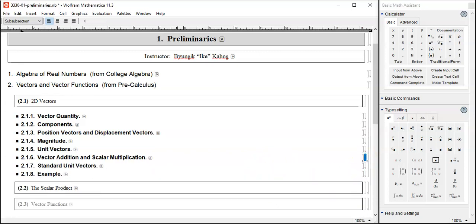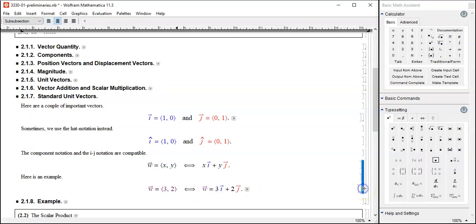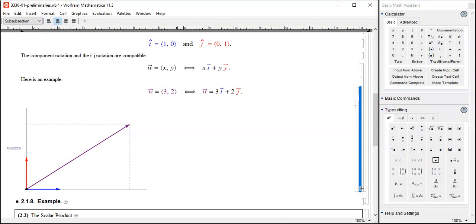And then combine those with standard unit vectors. You can represent any vector into the sum of vectors xi plus yj like this. Example, purple vector (3, 2) is equivalent to 3i plus 2j, this expression.